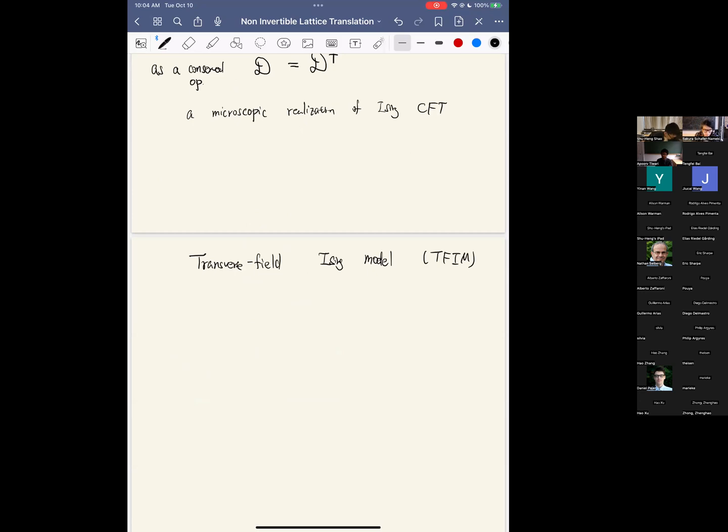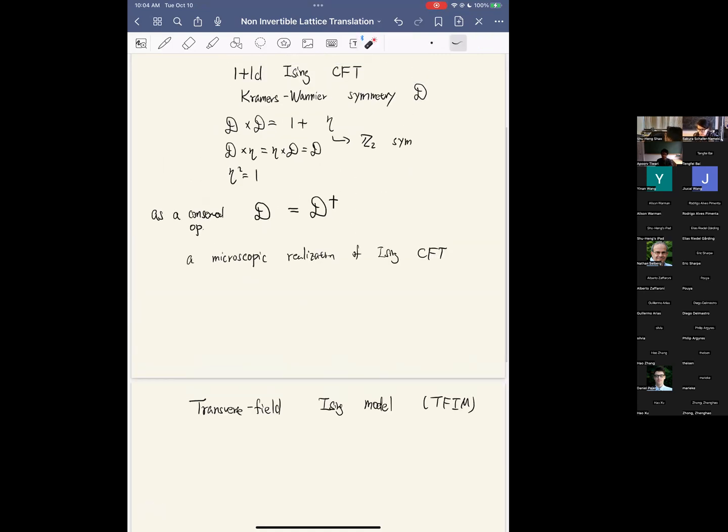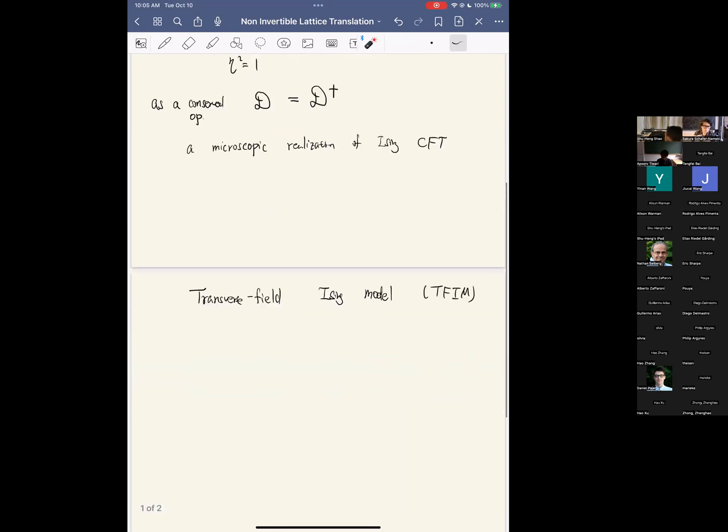This is a lattice model that I will focus on. It's also arguably the simplest many-body system. And the question that we are going to explore or discuss today is what aspect of this non-invertible symmetry is there already in this particular microscopic realization of the Ising CFT.